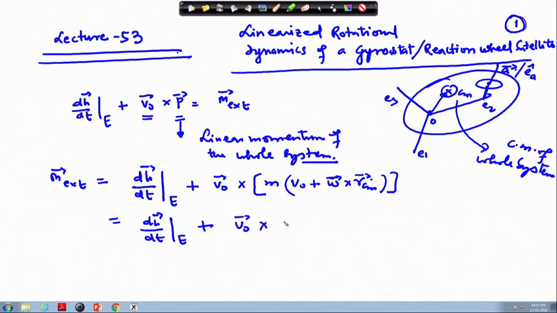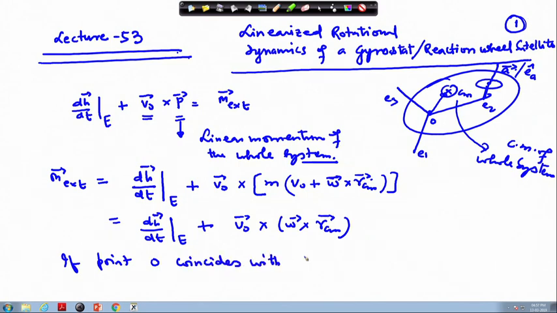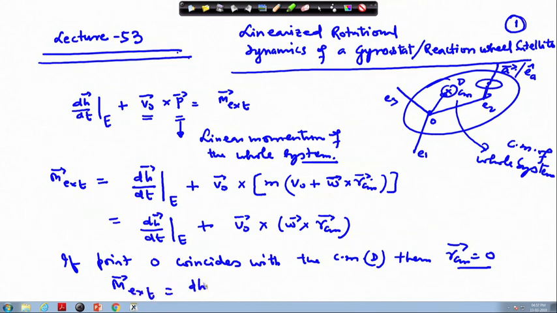So, V0 cross omega cross RCM, and if point O coincides with the center of mass, let us say this point is some point D, center of mass at point D, then RCM will become equal to 0, and therefore M external gets reduced to the usual form of the rotational dynamics.